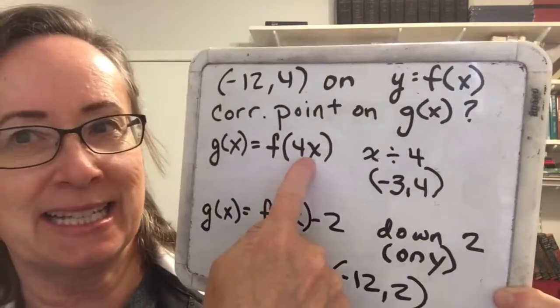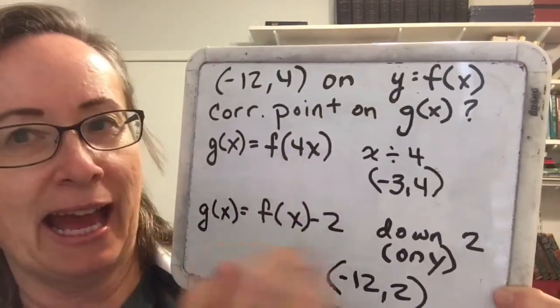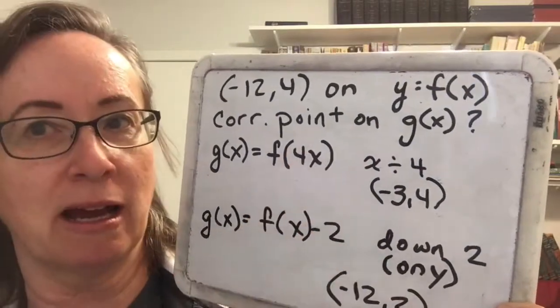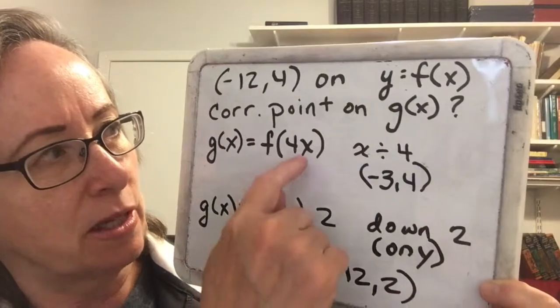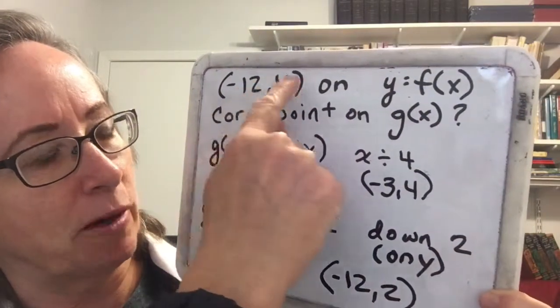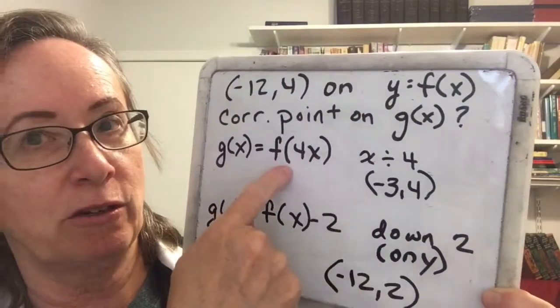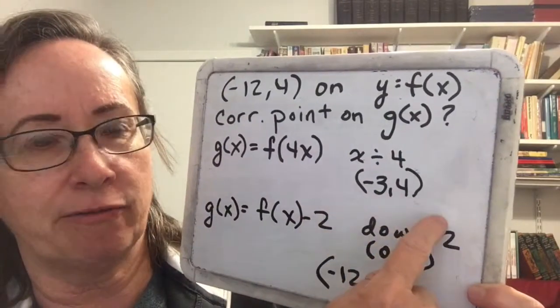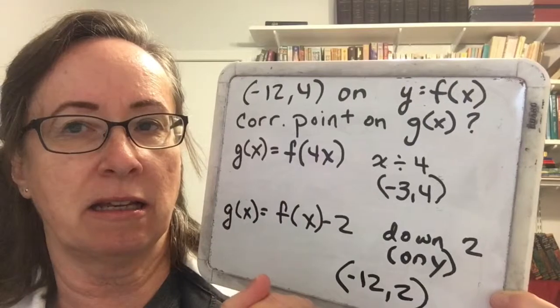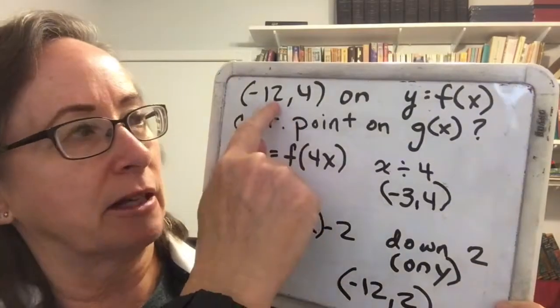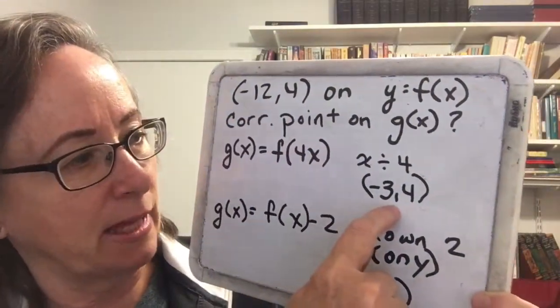Remember, if it happens inside, that 4 times ends up dividing the x by 4. So the point here, -12, 4, is going to be on the new function, -3, 4. So that 4 divides the original x that goes in.